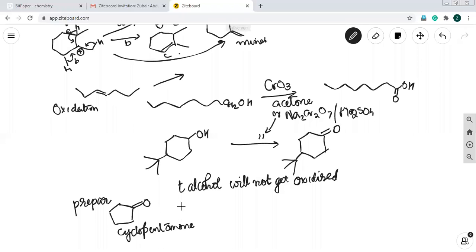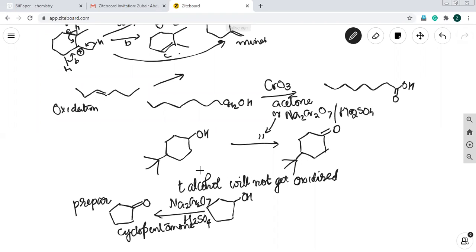From oxidation of a corresponding alcohol, how will you prepare? By oxidation, you will get a ketone from a secondary alcohol. So, what will be the corresponding alcohol? This is going to be the corresponding alcohol. This compound on oxidation with Na2Cr2O7 in presence of sulfuric acid, you will get cyclopentanone.